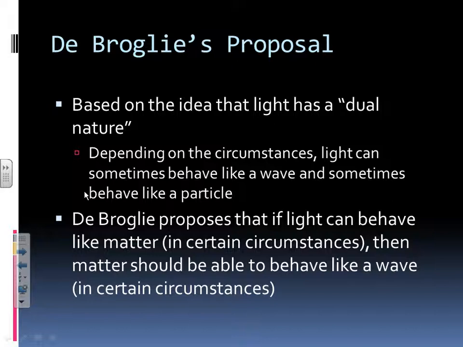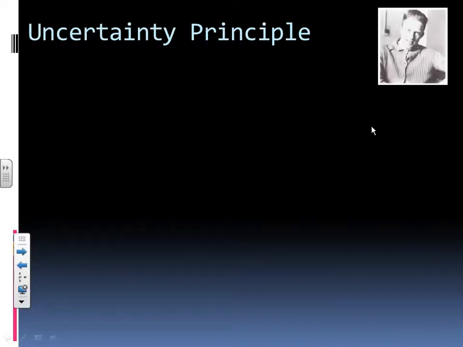But these things keep happening in sequential order because somebody proposes something, it seems to work pretty good at the beginning, but then not so much, and then we have to come up with something new. So de Broglie goes and says, okay, well, maybe matter isn't matter the way we think of it. And then this guy, Heisenberg, comes along and proposes his uncertainty principle.